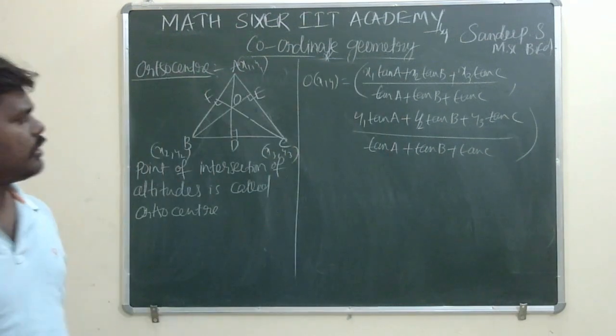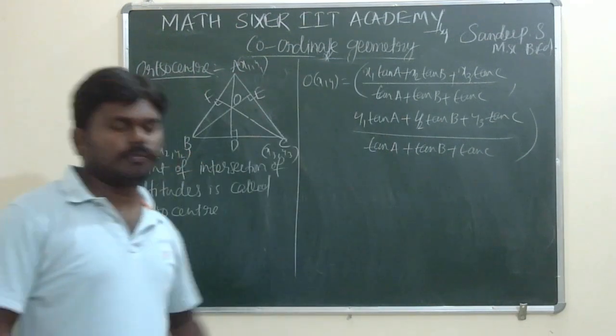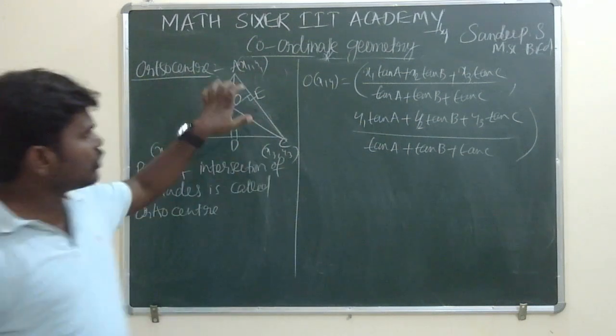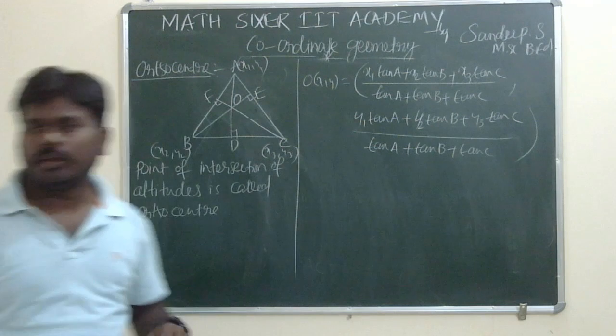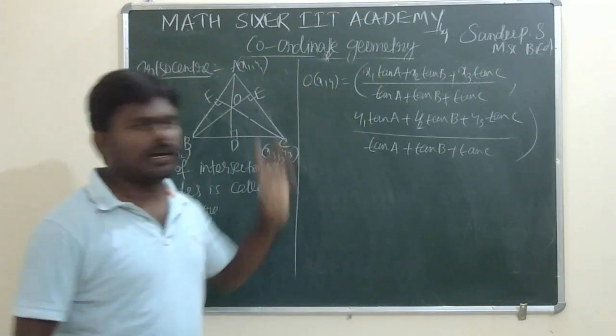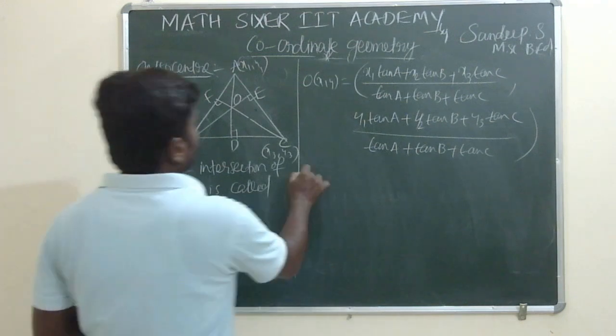So this is the formula to find the orthocenter. In this we must know all the vertices A, B, C and also the angles A, B, C. After substituting all the values and simplifying, you will get the orthocenter. So this is the formula.